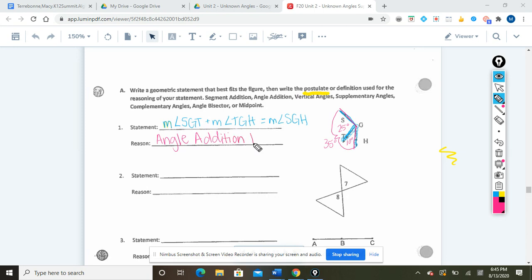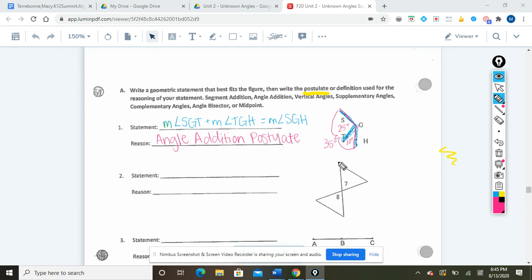Postulate. And like I said, don't let the P word scare you. If you put angle addition, I would take it, but you're never really going to have to do this from scratch. It's always going to be a drop down or a multiple choice. So don't focus on this word, focus on angle addition.